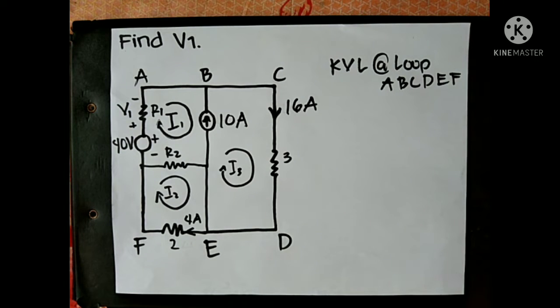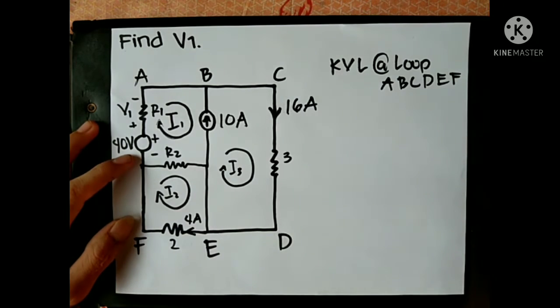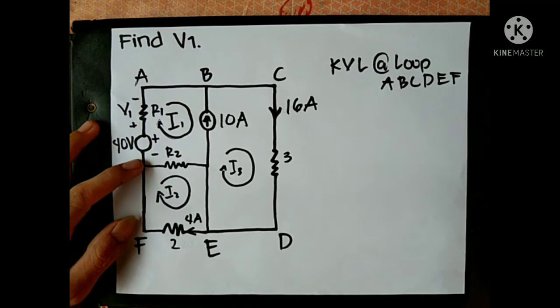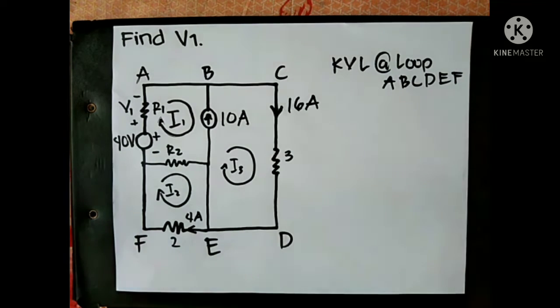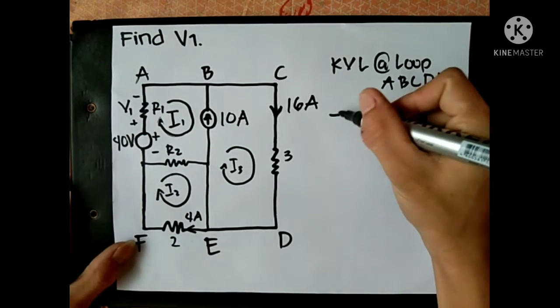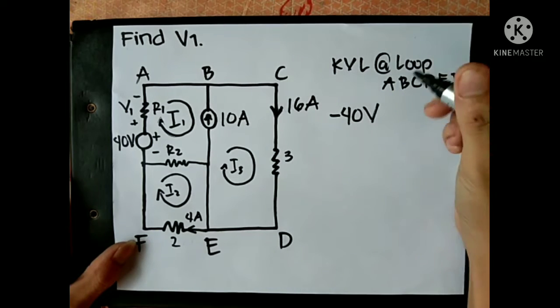So let's start with the source. When we enter the source, the flow of the voltage is negative, from the lower potential to the higher potential, so it is a negative 40 volts.